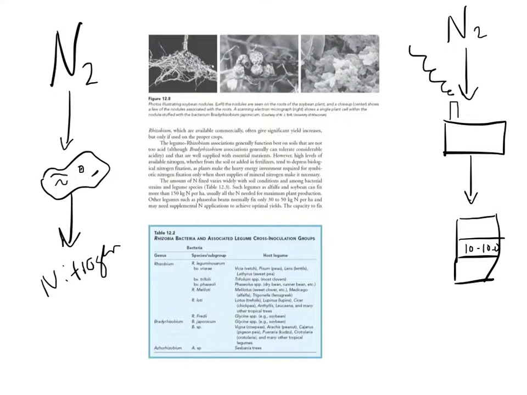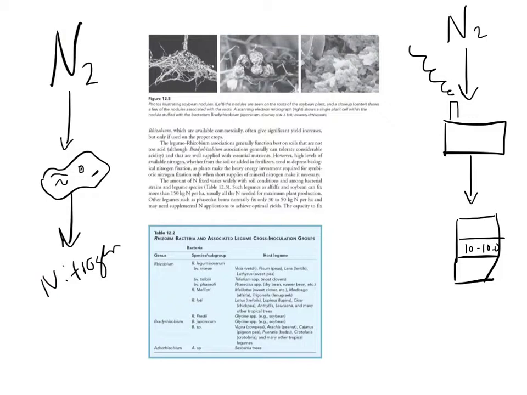Your book notes that if you cut this open, they'll look sort of pinkish for the ones that are very active. So if you took a blade and cut that nodule open, and it was actively doing this process, it would appear pink. That's kind of how we know that they're healthy.